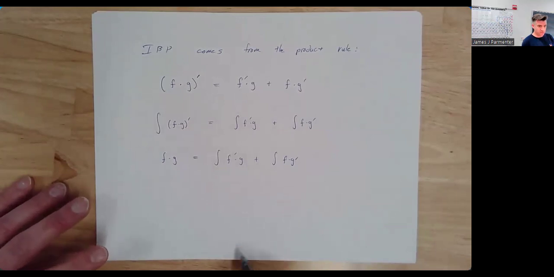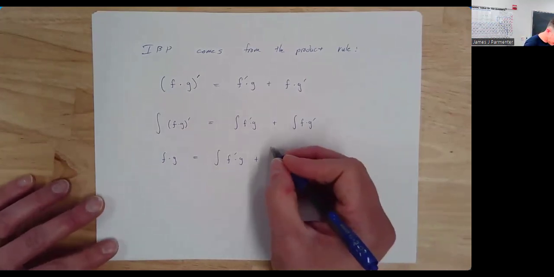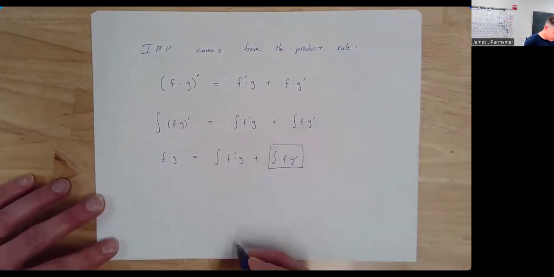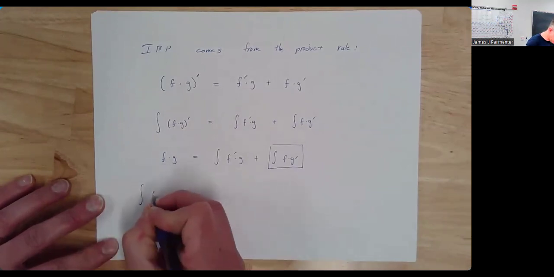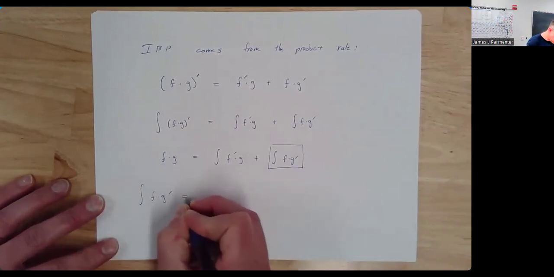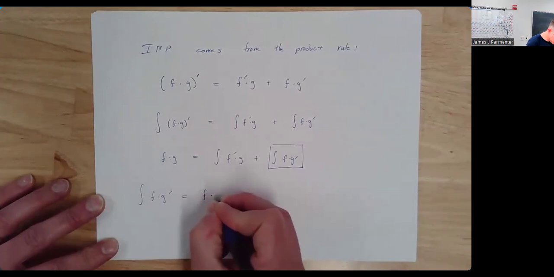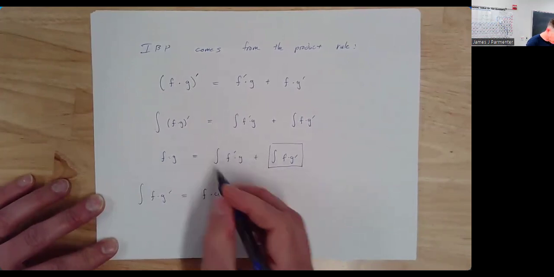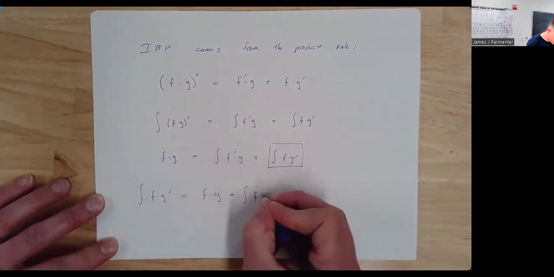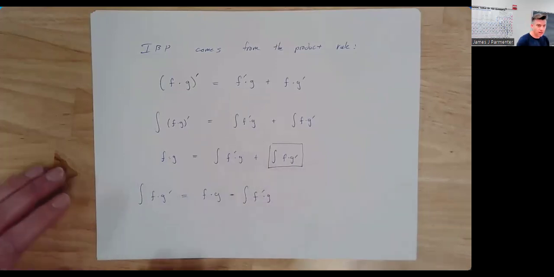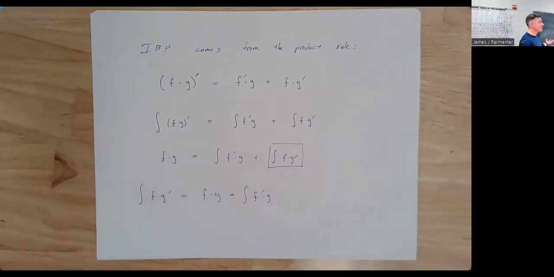And then for whatever reason, we like to rewrite this so we isolate this. So we're going to rewrite this as the antiderivative of f times g prime equal to just f times g minus this part right here, the antiderivative of f prime times g. However, we don't usually use these letters when we write it because it just doesn't seem convenient to remember.